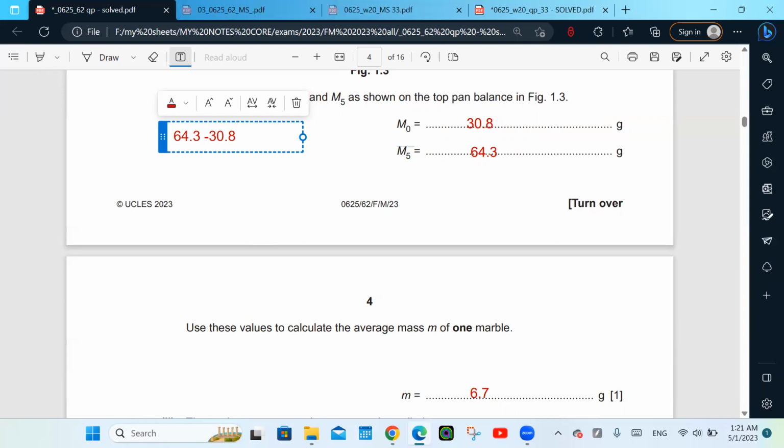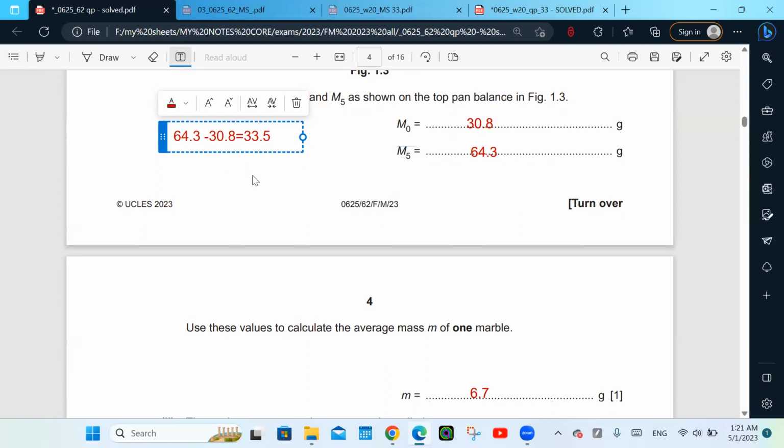The result will be 64.3 minus 30.8 equals 33.5.